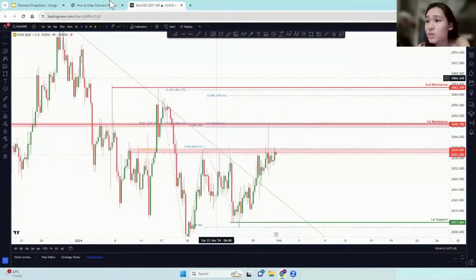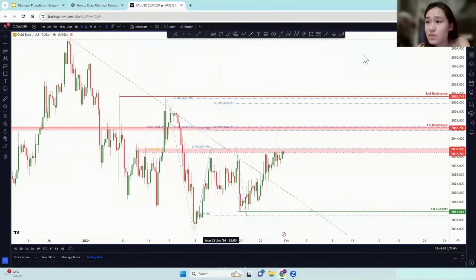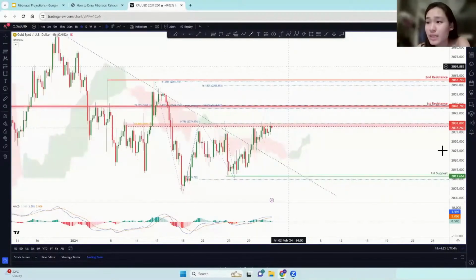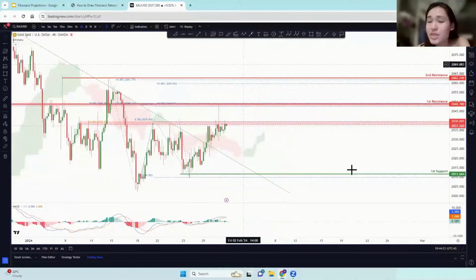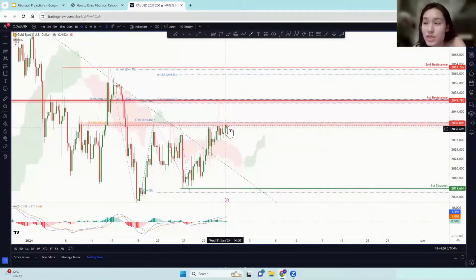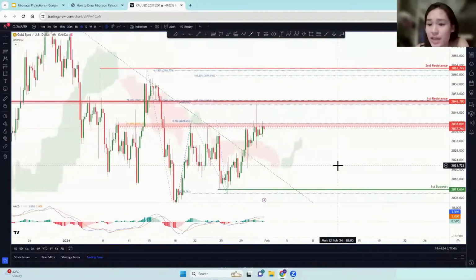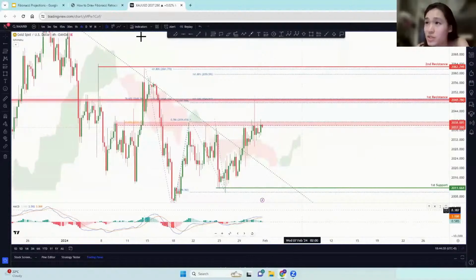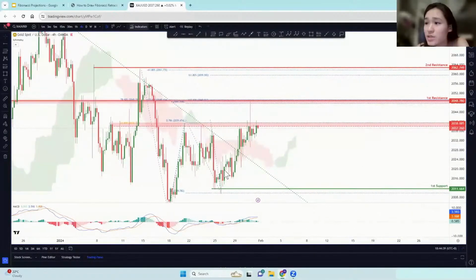So now let's support this analysis by using some indicators. I like to use Ichimoku and MACD because at one glance you can see exactly what the signals are. Price is moving above the Ichimoku cloud, so it's giving us a bullish signal. MACD is also giving us a bullish signal, so it also supports our analysis.